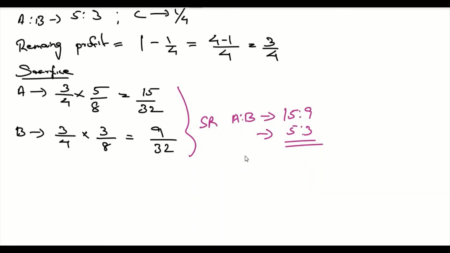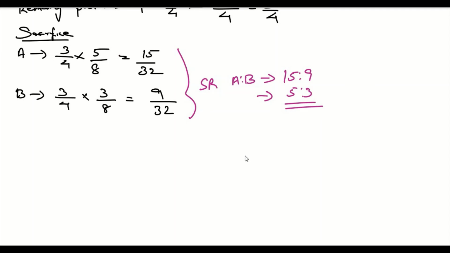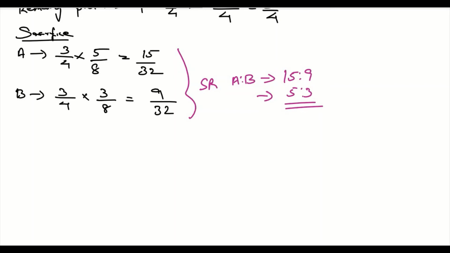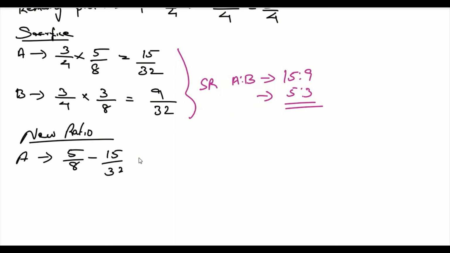Okay, now we need to find the new profit sharing ratio. So here, the new ratio for A. His original share was 5 by 8, minus his sacrifice of 15 by 32.